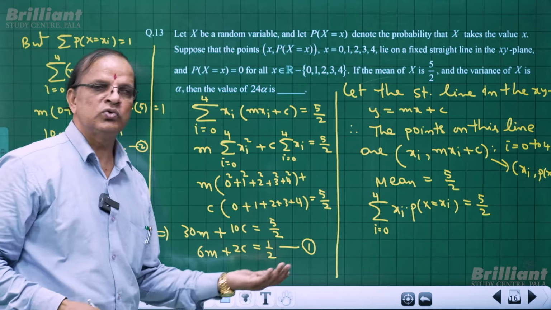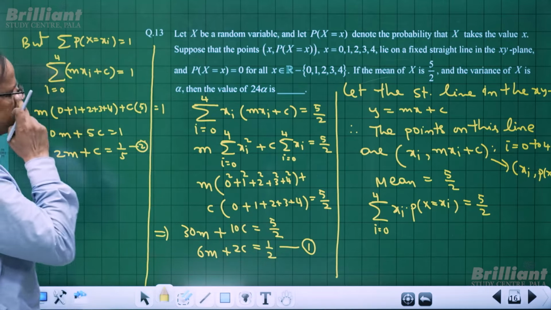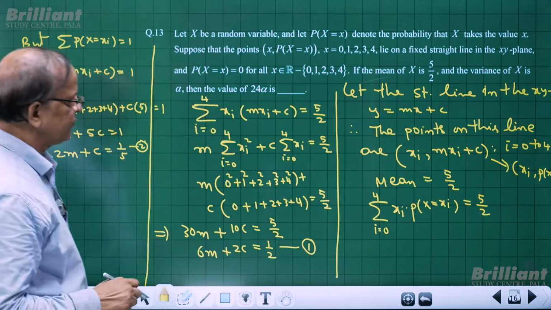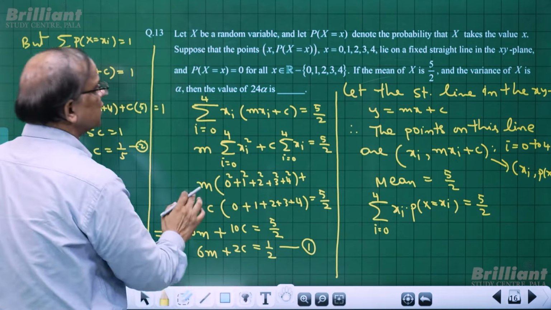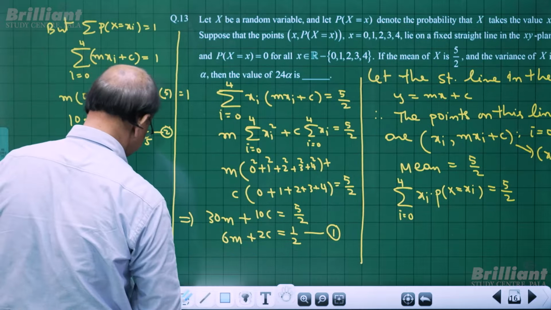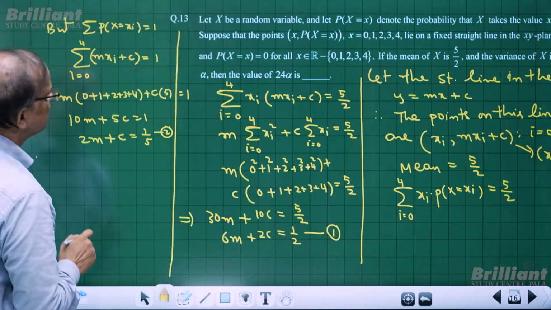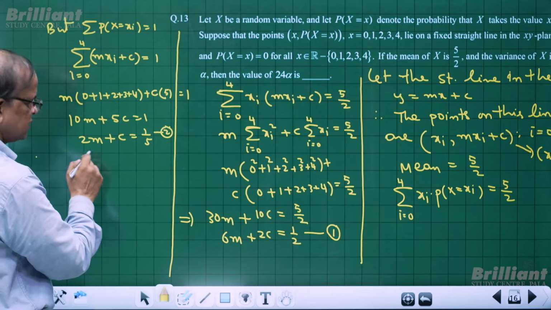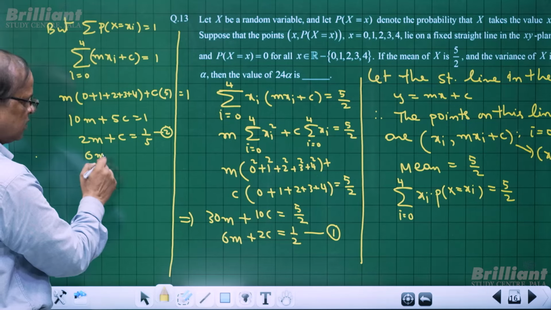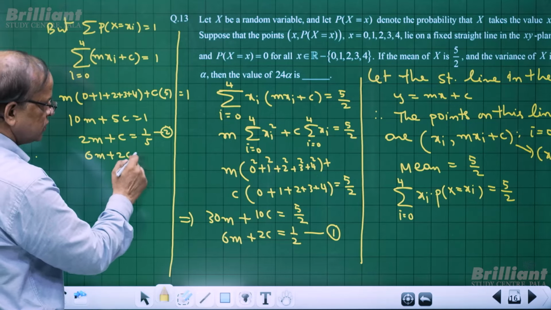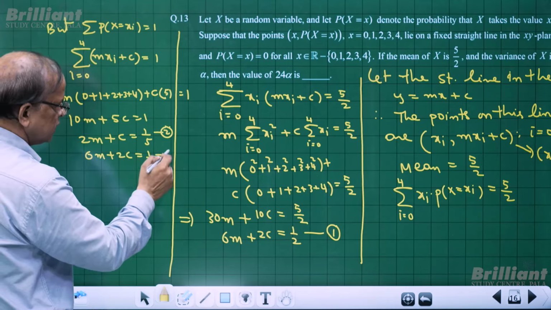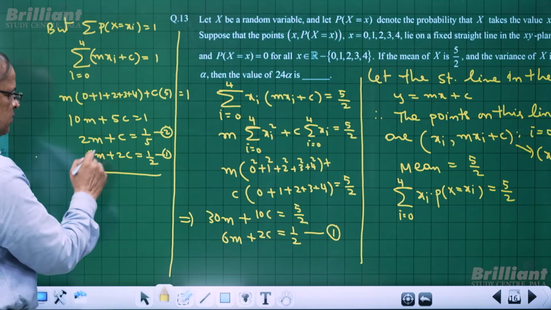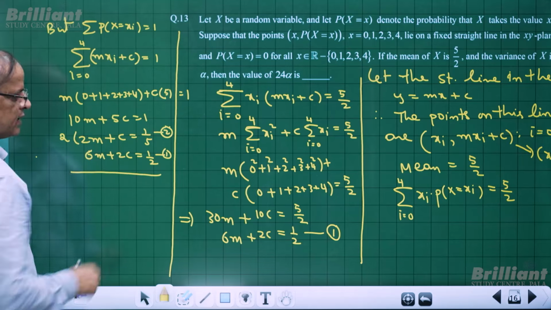Now, solve 1 and 2 to get the m and c values, which you will substitute in the variance formula. Here, 6m plus 2c is equal to 1 by 2, equation 1. Multiply equation 2 by 2, then subtract.